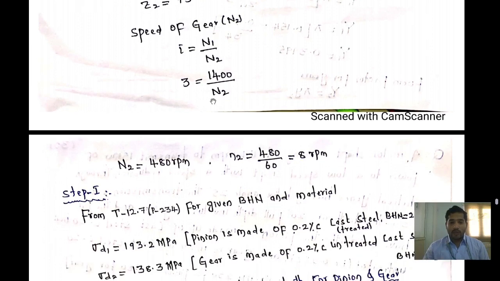Cross multiplying, n2 is equal to 1400 by 3, then you will get the value of n2 as 480 rpm.